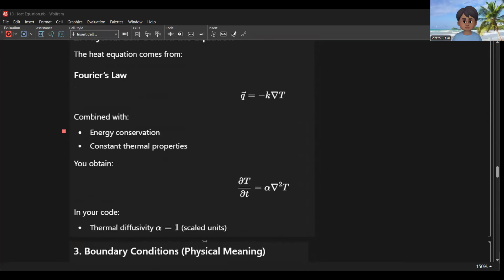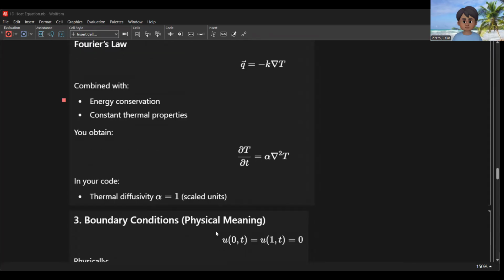So in your code, the diffusivity alpha is equal to 1 in scaled units.